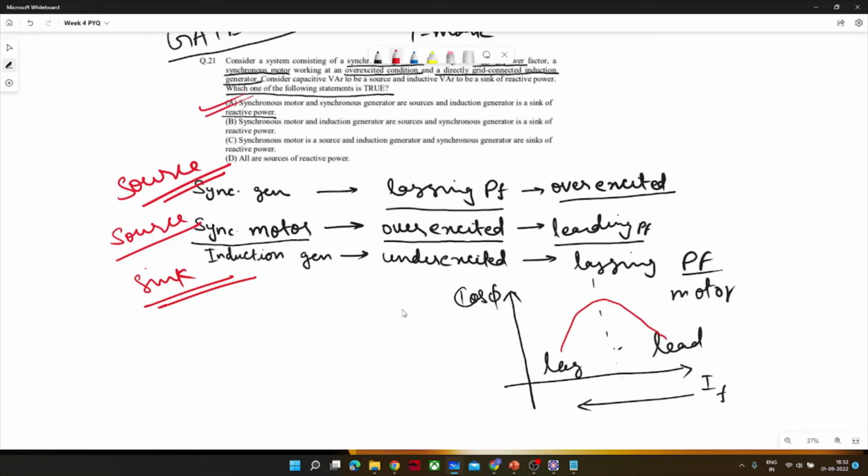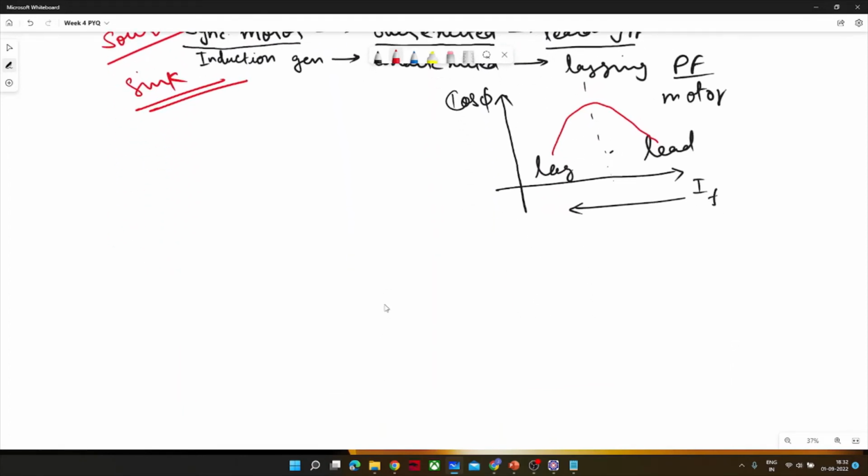Yeah, tell me please. Sir, if power factor is lagging, it means the armature terminals have to supply more reactive power. For a motor, it will work as overexcited.